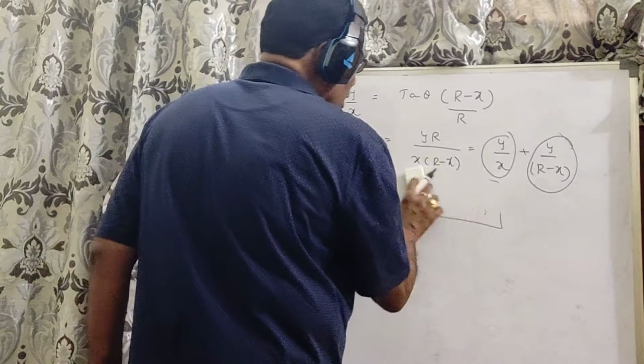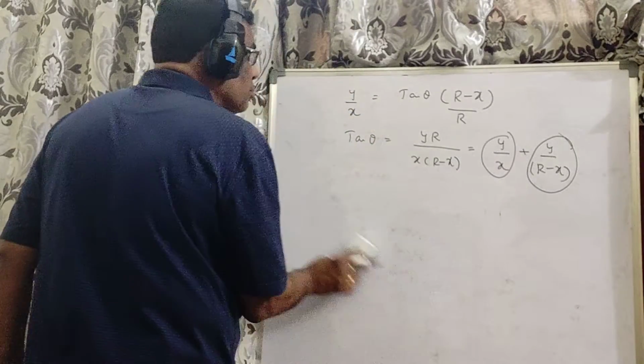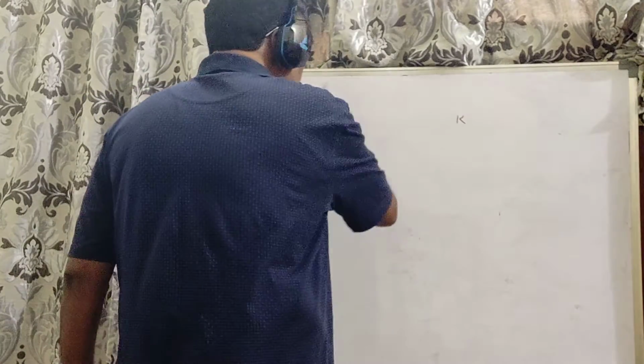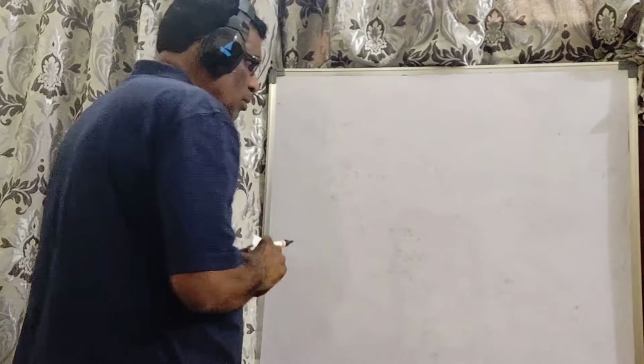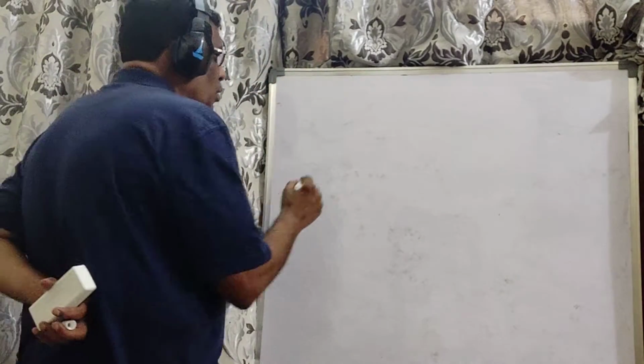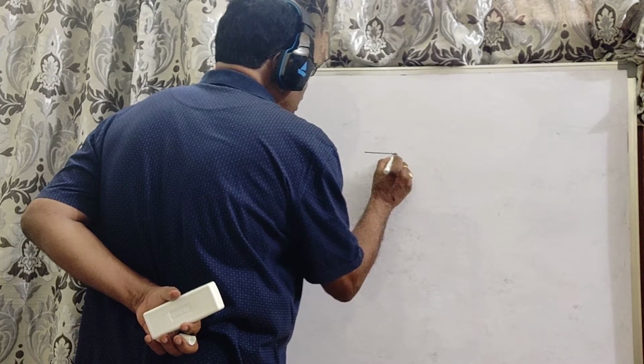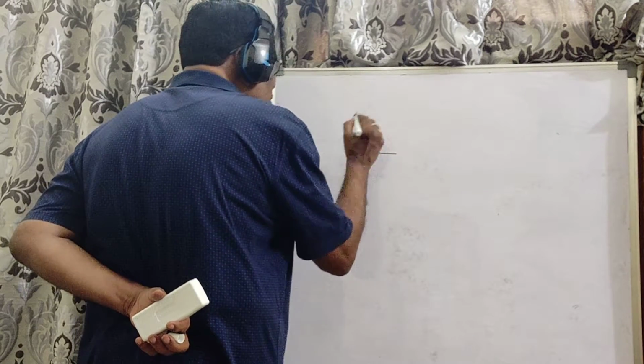Now I erase this. Based on this, for example, I take a regular hexagon.